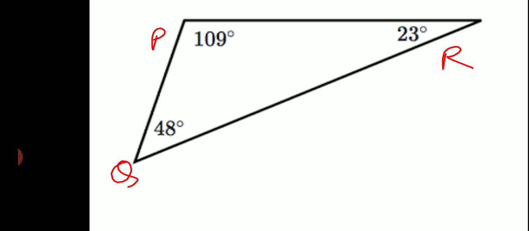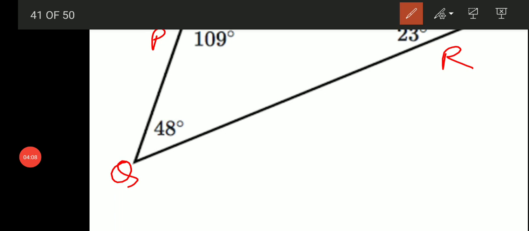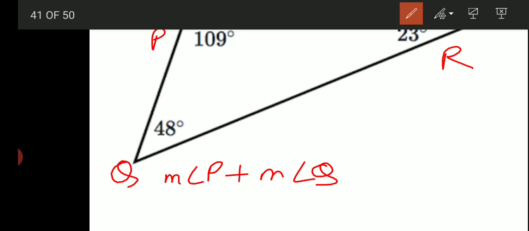If it comes to 180, then this particular triangle PQR is a proper triangle. So let's add up. Here we have measure of angle P, then Q, and then measure of angle R, which should be equal to 180 degree.